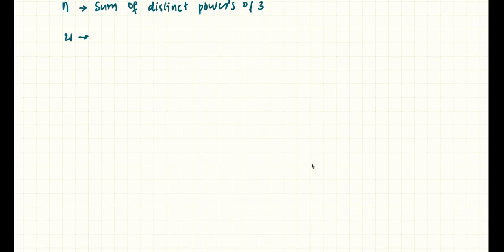Whatever number has been given to us, let's say n, should be formed as a sum of distinct powers of 3, right? So can 21 be formed with a sum of distinct powers of 3?